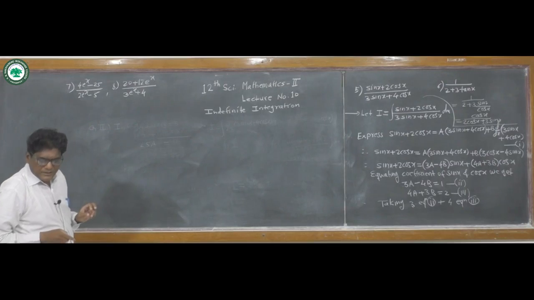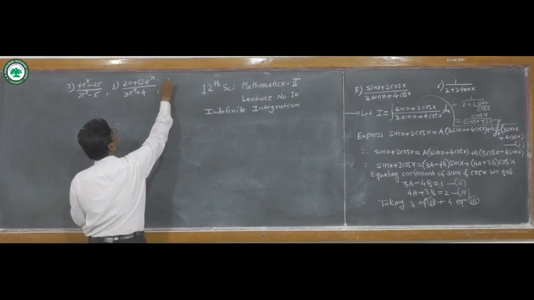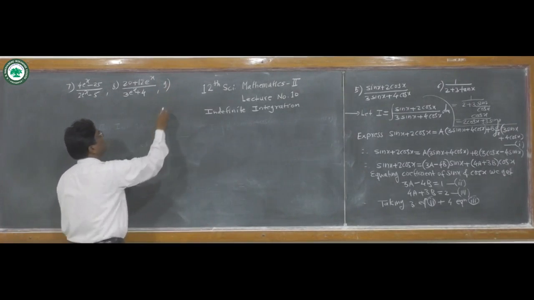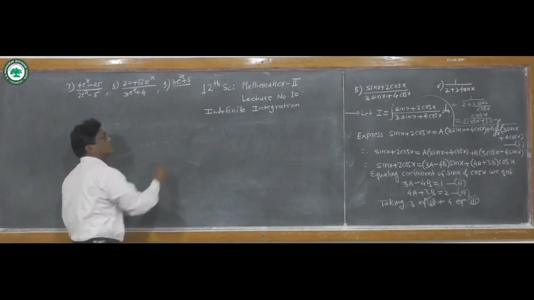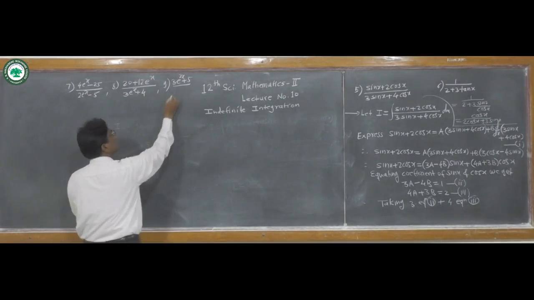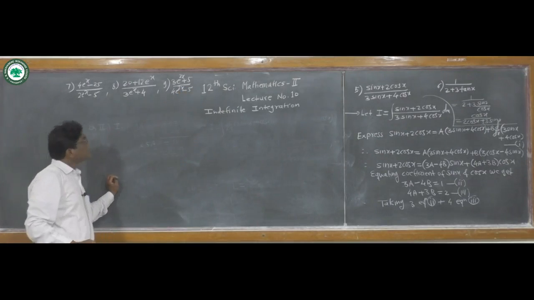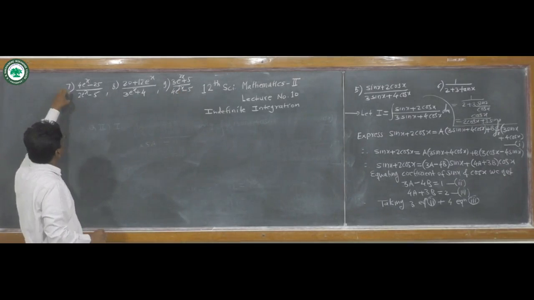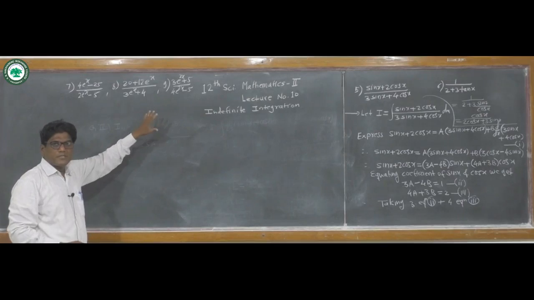And then the ninth problem: 3e to the power 2x plus 5 upon 4e to the power 2x minus 5. Now these three problems are of the same type. We solve the 7th problem here and you solve the remaining 2 problems yourself.